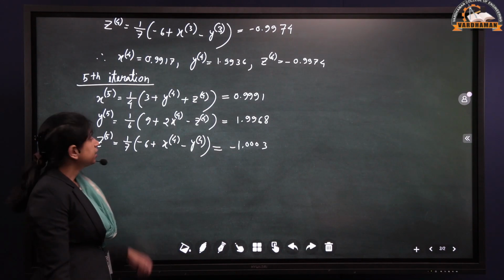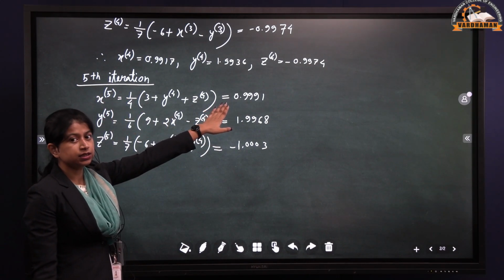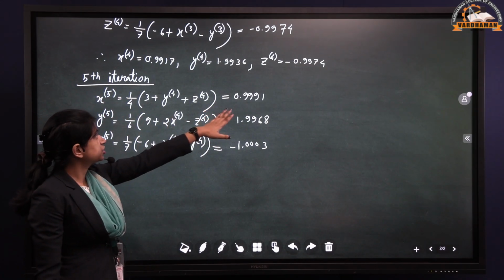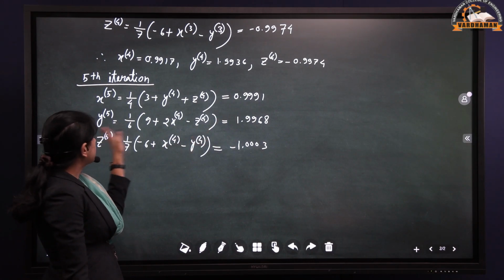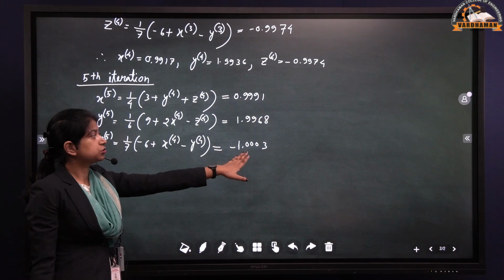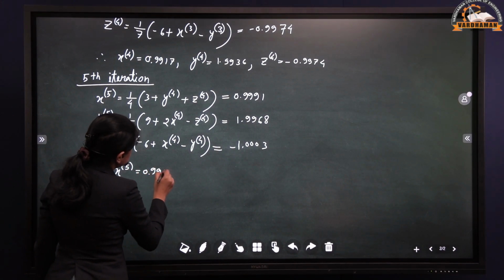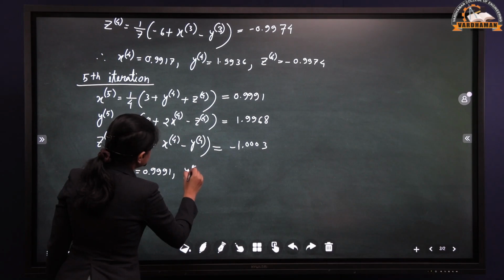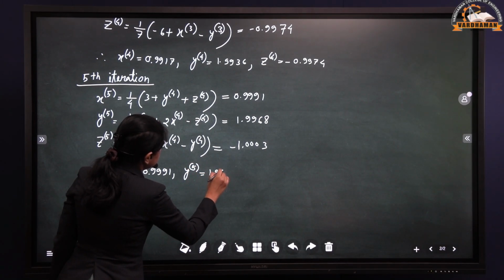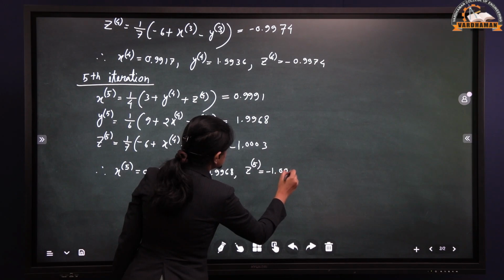Now if we compute this fifth iteration, we are getting the approximate values x5 as 0.9991, y5 as 1.9968 and z5 as minus 1.0003.